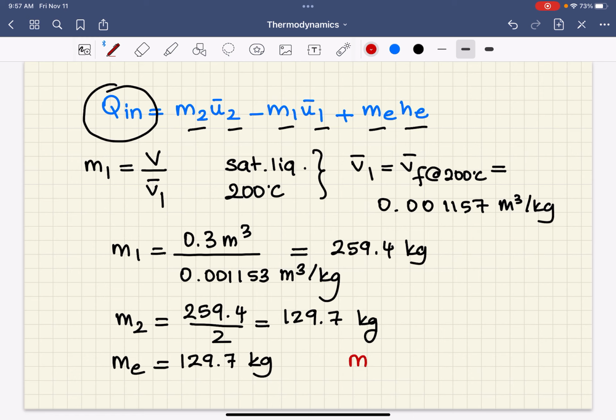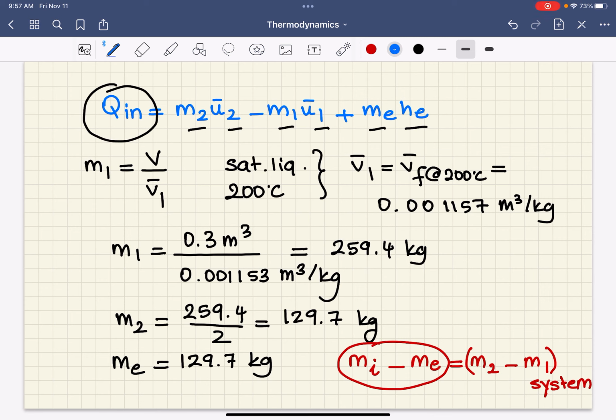What is getting into the unsteady flow device minus what is getting out as mass should cause the change in the mass of your system. This is the system mass. These are the mass interactions, right? In this case, what does it tell us? There is no mass getting in, so that is 0.